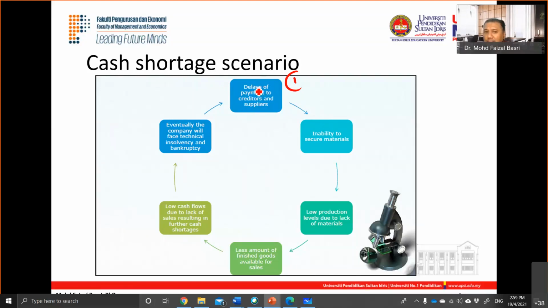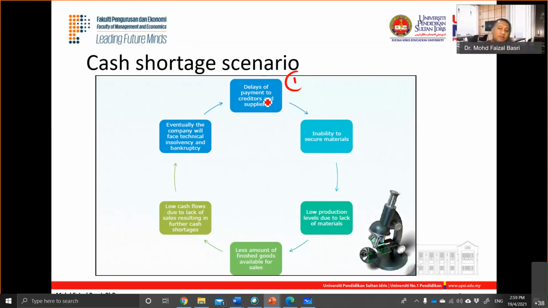Okay, so once you delay your payment, it will affect your credit ratings. Every company and every individual will have credit ratings. Credit ratings indicate your creditworthiness, whether you are able to get credit or not in the future. So if you delay payments now, the supplies you already have are okay, but in the future, you're going to have problems getting more supplies.